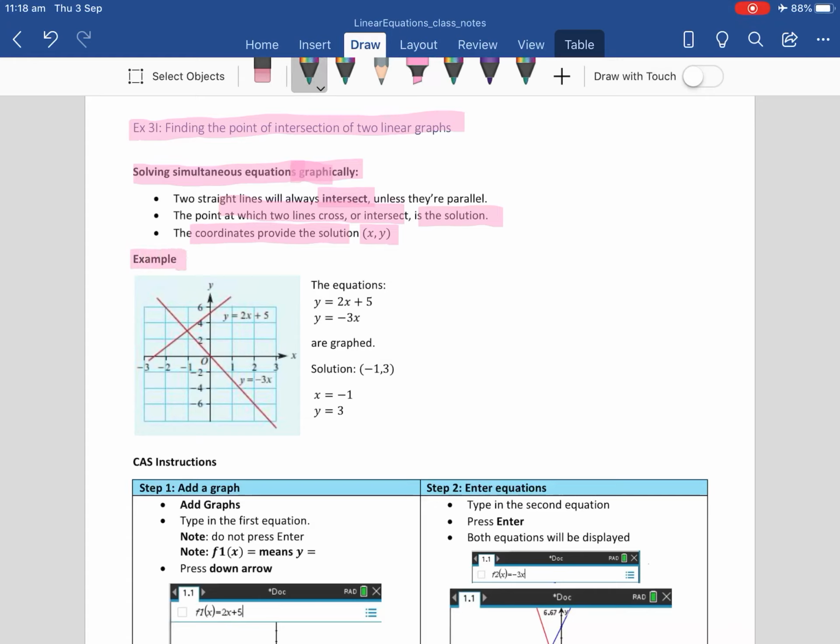So for example, we've got two lines here, line 1 and line 2. They've been graphed, put on a Cartesian plane, and the solution is where they cross.